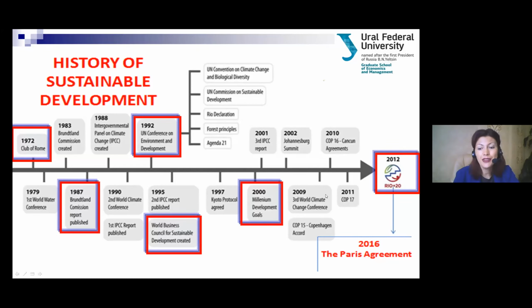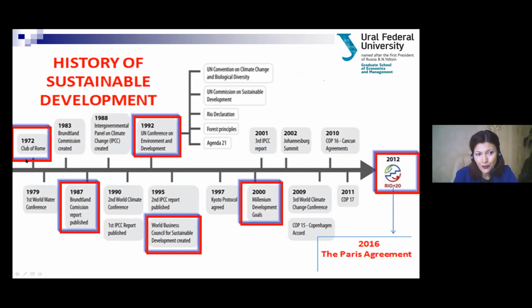But let's look at the history of sustainable development. I told you that it all began probably with the Club of Rome, but actually it started with development economics in the 40s of last century. I don't want to go through all the important milestones. I just want to show you the key aspects, in my opinion.